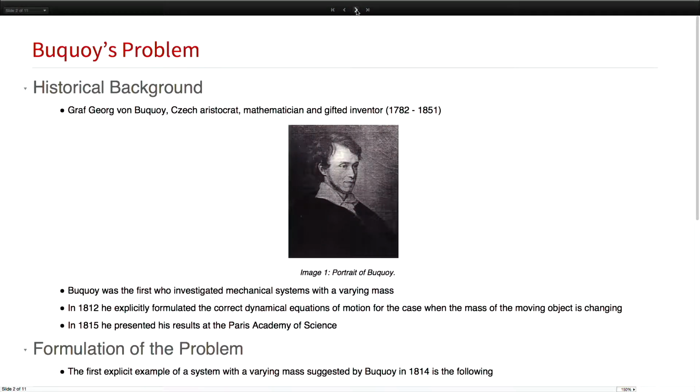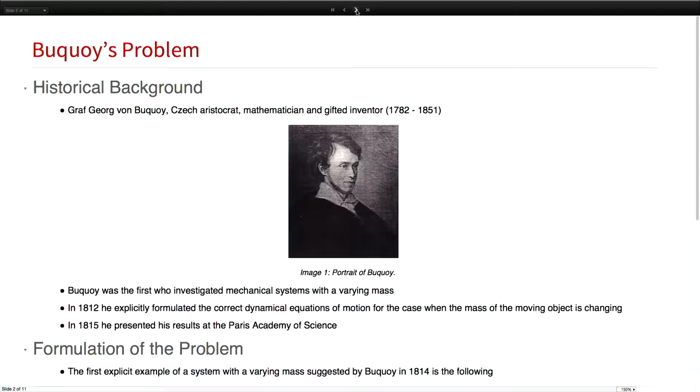So let's start with a historical background. The problem we will talk about here is associated with the name of Count Georg von Buquoy. He was a Czech aristocrat, really well educated and a gifted inventor. Buquoy was born in 1781. He was the first who investigated mechanical systems with non-constant mass.